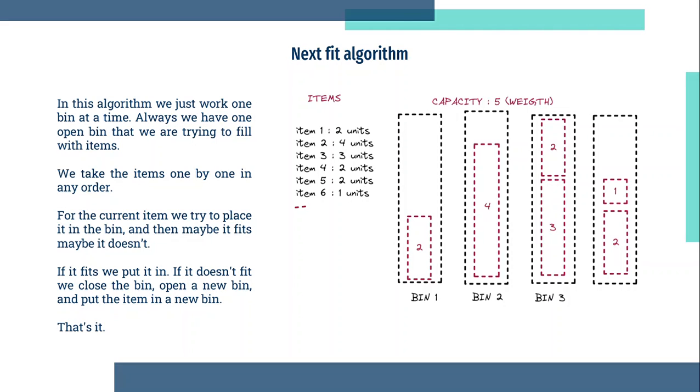If not, we will have to open another container, and we will not be able to save another item in the first container. And we will repeat this until there are no more items.